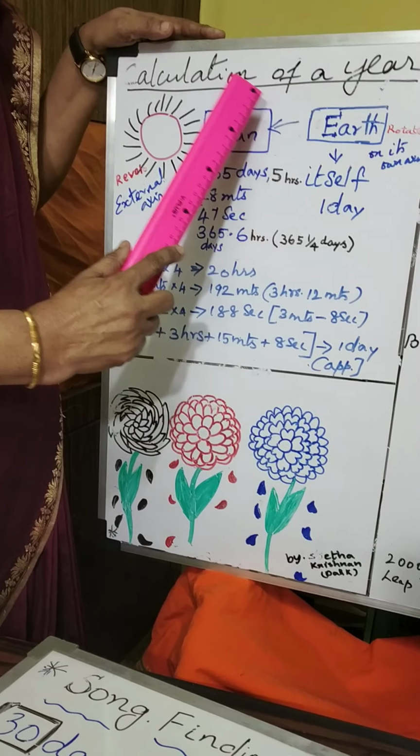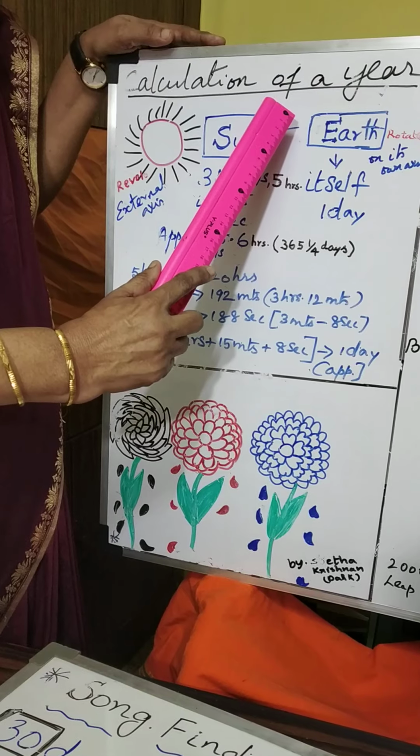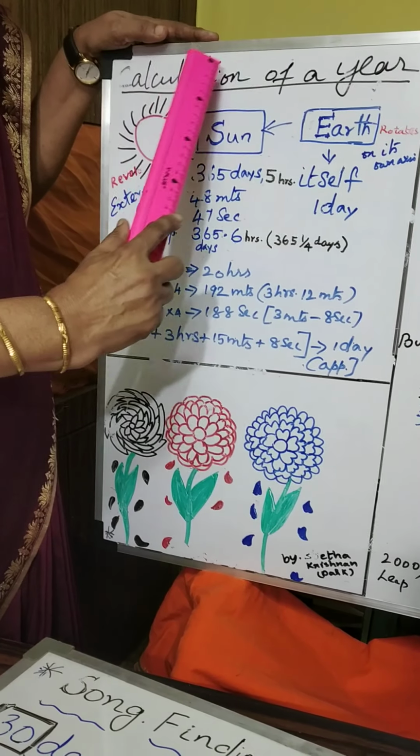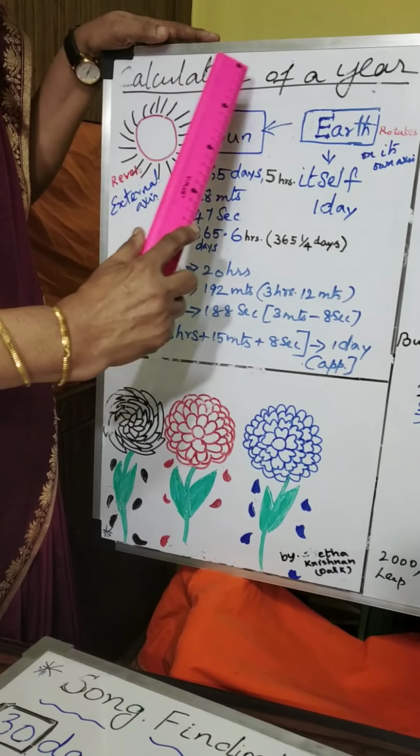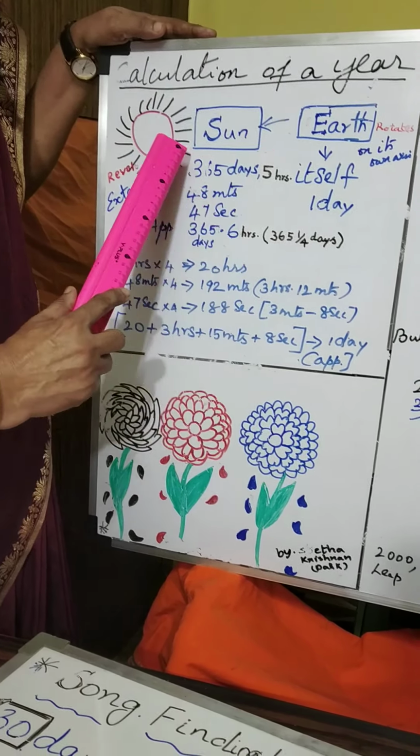The earth, to complete one full revolution, takes 365 days, 5 hours, 48 minutes, 47 seconds. Approximately 365 days and 6 hours.